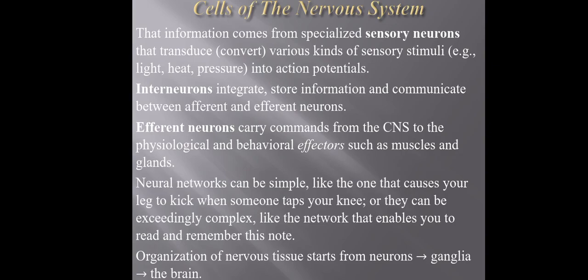And usually if you are talking about how the nervous system is organized, usually we have neurons. Then after neuron they can have ganglia. Then the largest and the most advanced, that's the brain, found in vertebrates.